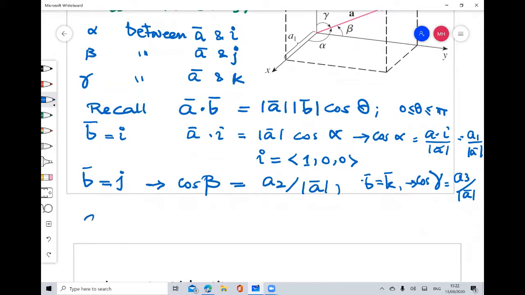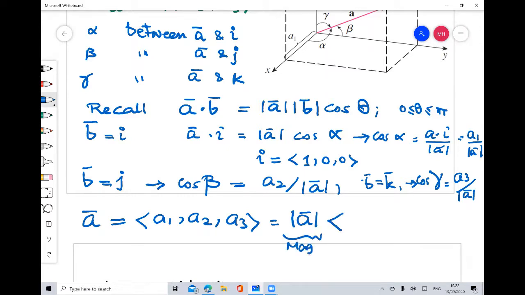So the vector in terms of the direction cosines, the vector A1, A2, A3, from the above relations, is the magnitude of the vector A, which is a scalar, times the vector defined by the components where A1 is cosine alpha times magnitude A, and I took magnitude A common outside as a scalar, and then a cosine beta, and the last component will be cosine gamma. That's why we call these direction cosines also, because they show up in my vector as cosine of the angles.